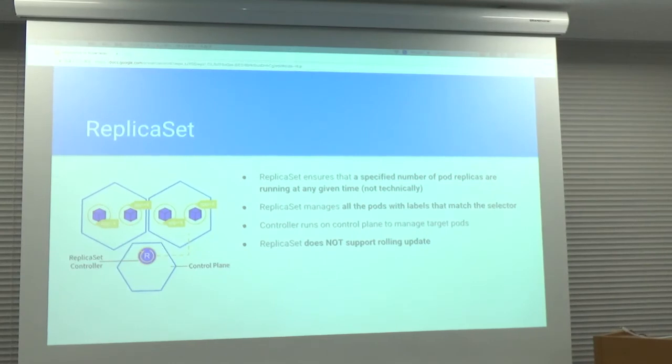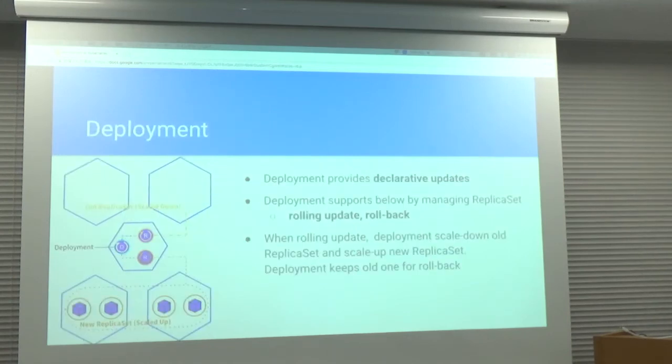But ReplicaSet does not support rolling update. This is not so realistic or pragmatic in production. So Deployment was introduced in Kubernetes. Deployment is a higher-level concept than ReplicaSet, and the official documentation recommends always using Deployment unless there are reasons not to.